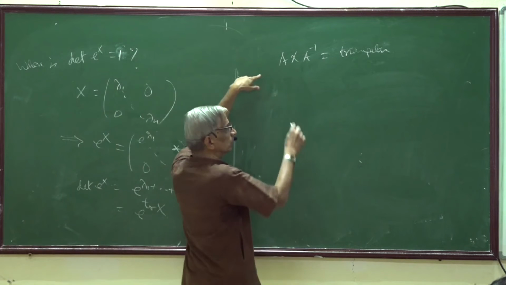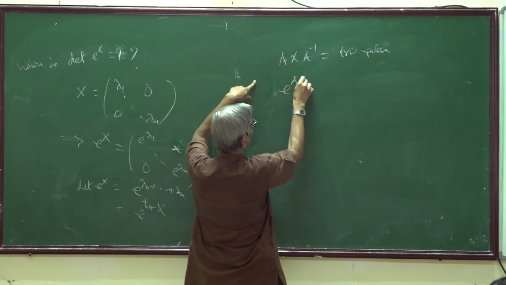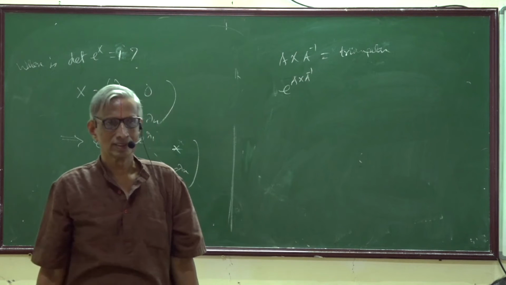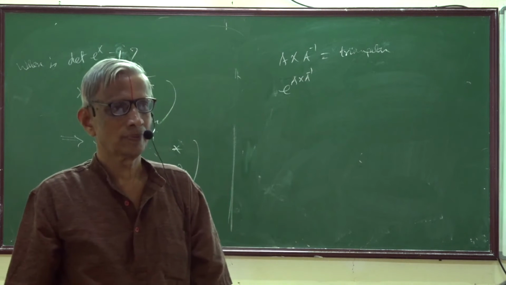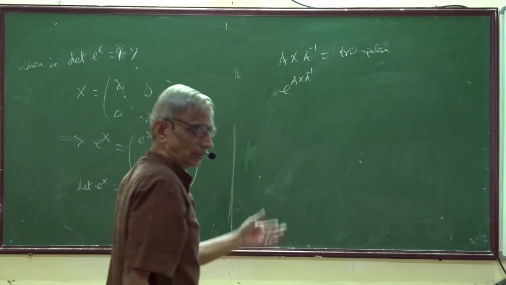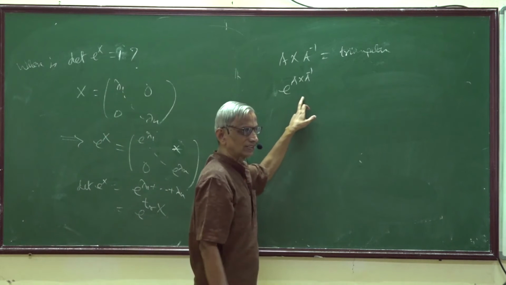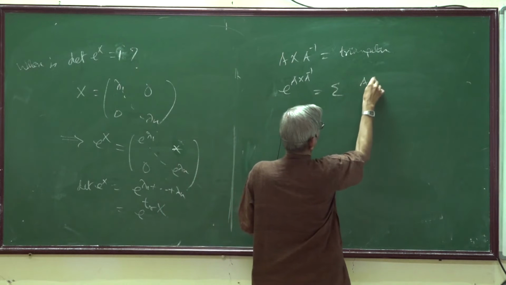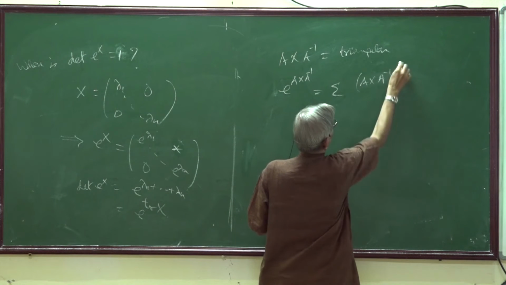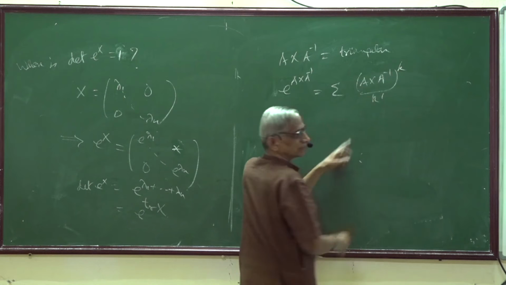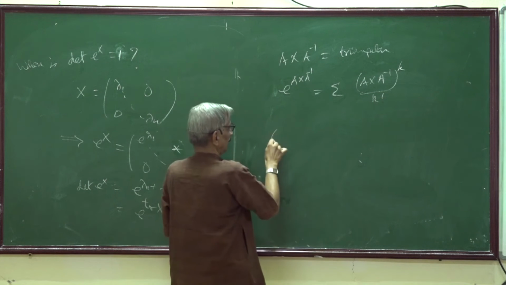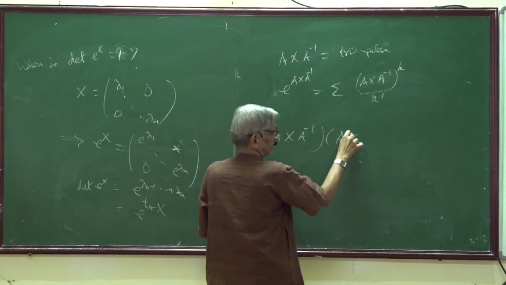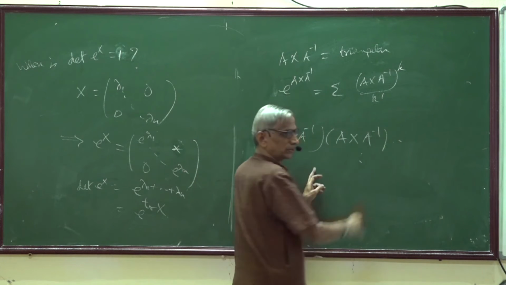What is the exponential now? You have to add the powers of this, right? This is the sum of (A x A inverse) to the power k by k factorial. But what is this? A x A inverse, A x A inverse, and so on.